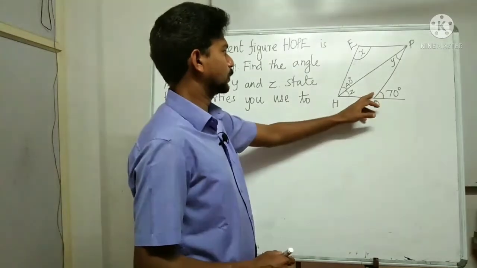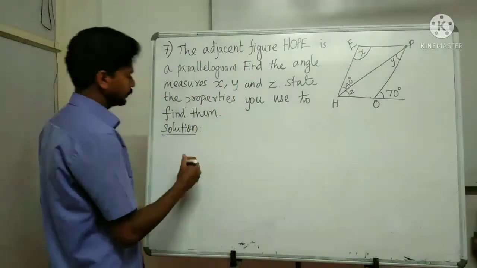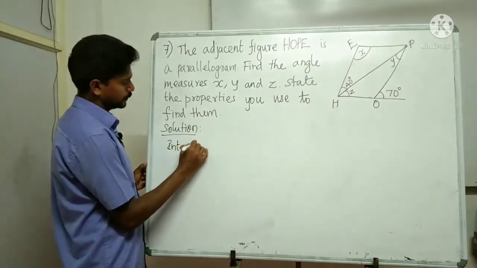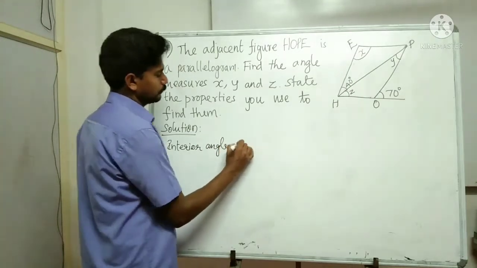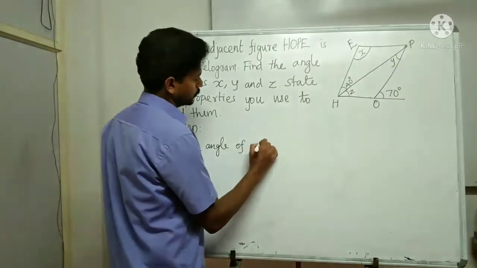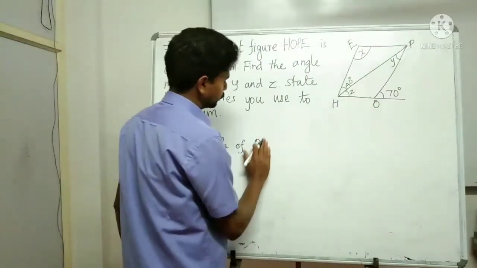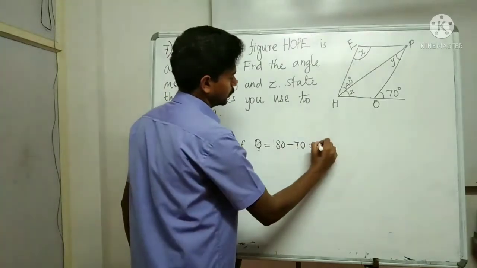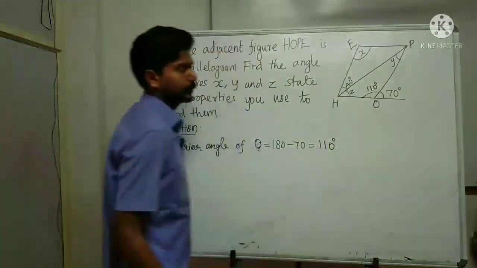So we first calculate the interior angle of O, where the exterior angle is 70. The interior angle is equal to 180 minus 70, that is 110 degrees. So this angle we got as 110 degrees.